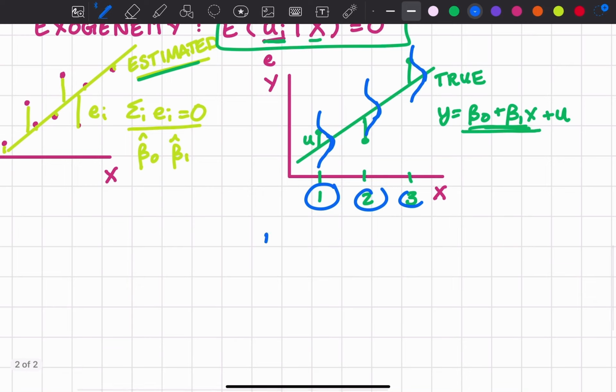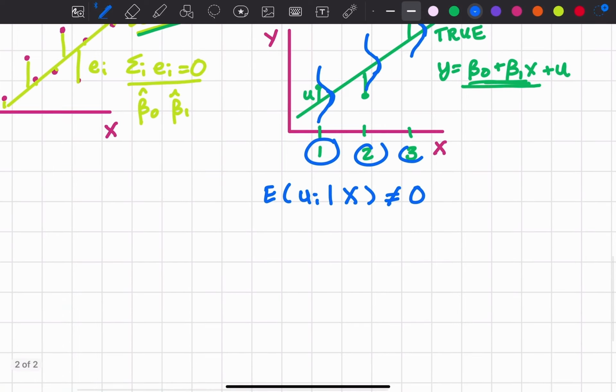So in the case where exogeneity doesn't hold and the conditional expectation of U given X is not 0, then it would look something like this. X, Y, a true line of best fit like this.